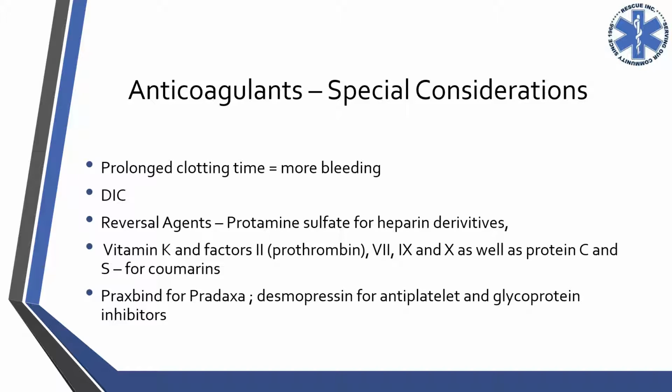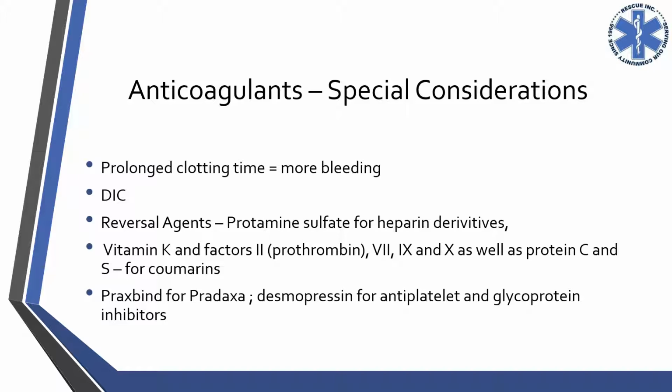Protamine sulfate is the reversal agent for heparin derivatives. Vitamin K, and then factors 2, 7, 9, 10, and protein C and S, for the drug Kcentra, that's what Kcentra is. It's all these clotting factors that we can replace. And that's the reversal agent for coumarin. So that's Coumadin, warfarin. And then Praxbind is kind of new age for Pradaxa.